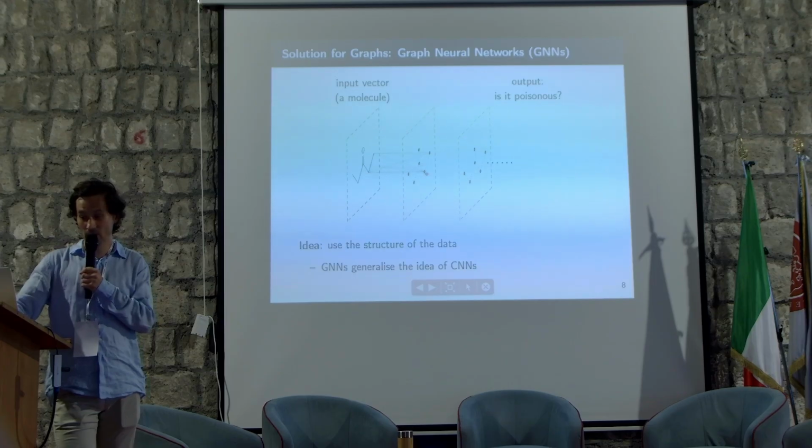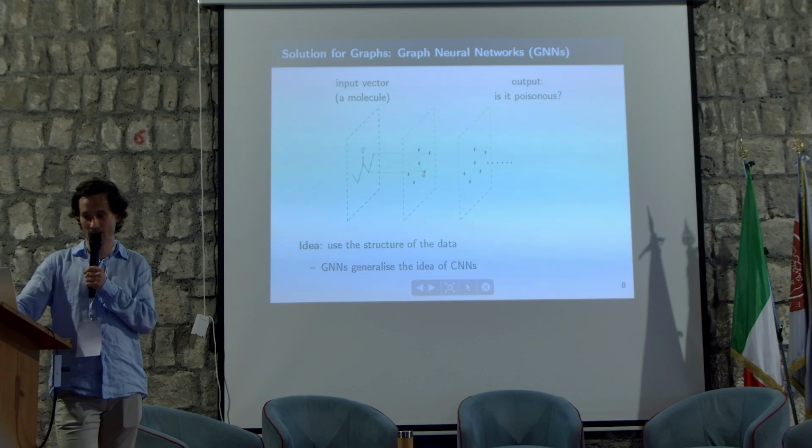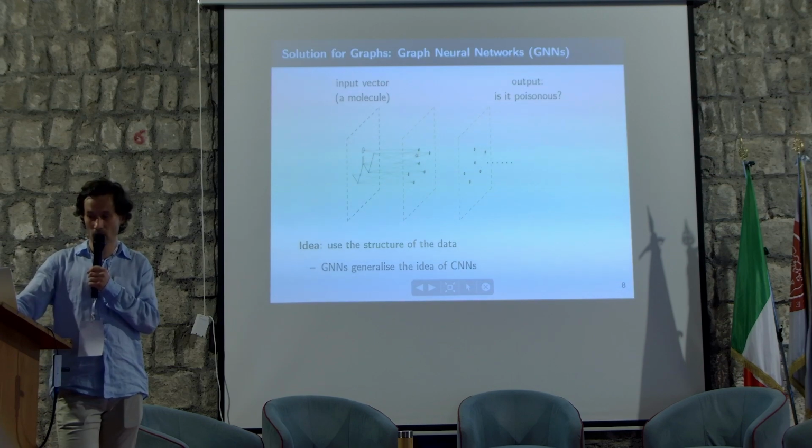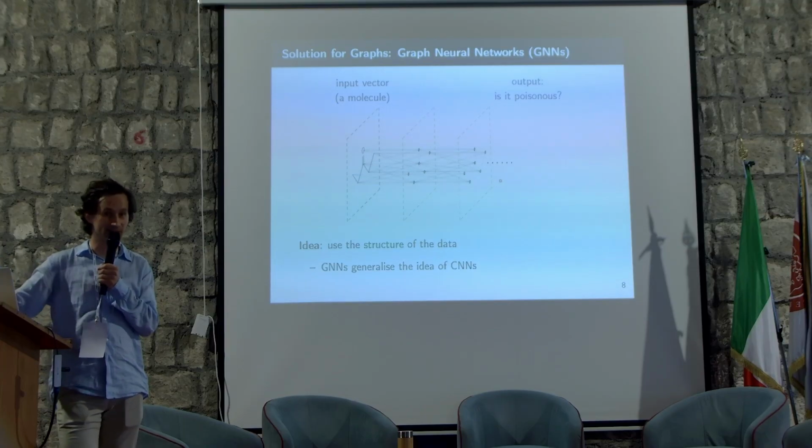For the next node, maybe this one, we take its own information and from the neighbors, we have two neighbors in this case, and somehow aggregate this information to the node. We go in parallel for all nodes, compute new node embeddings, new vectors for these things, and continue to the next layer, and the next layer, and the next layer.